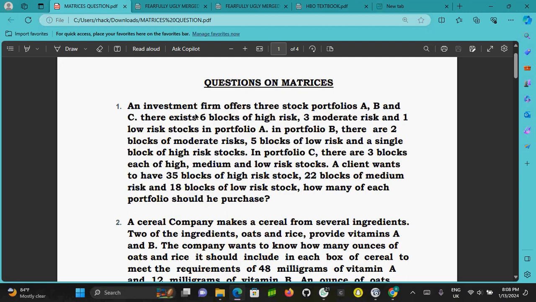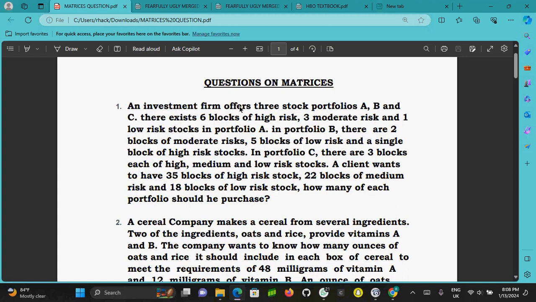Okay, so an investment firm offers 3 stock portfolios, A, B, and C. There exist 6 blocks of high risk, 3 moderate risk, and 1 low risk stocks in portfolio A. In portfolio B, there are 2 blocks of moderate risk, 5 blocks of low risk, and a single block of high risk stock.